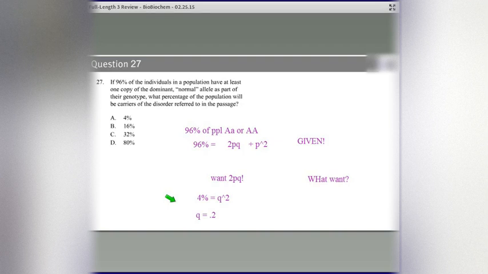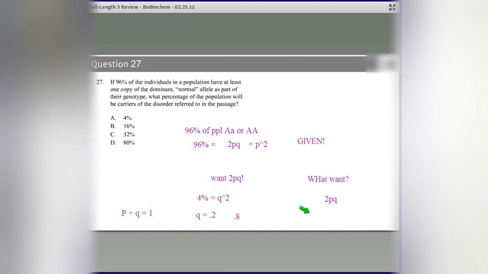So now if q is equal to 0.2, what must p be equal to, according to that first Hardy-Weinberg equation, that p plus q is going to be equal to 1? Exactly. If q is equal to 0.2, then we know that our p is going to be equal to 0.8. So we want 2pq.